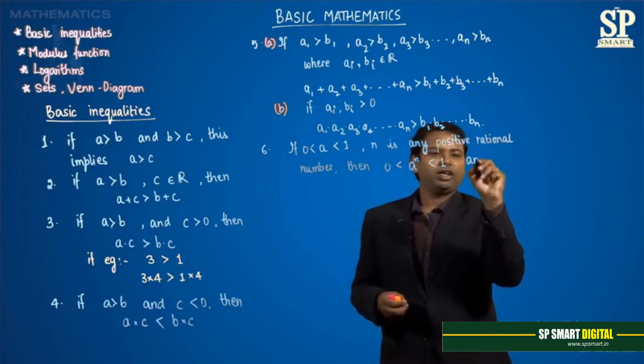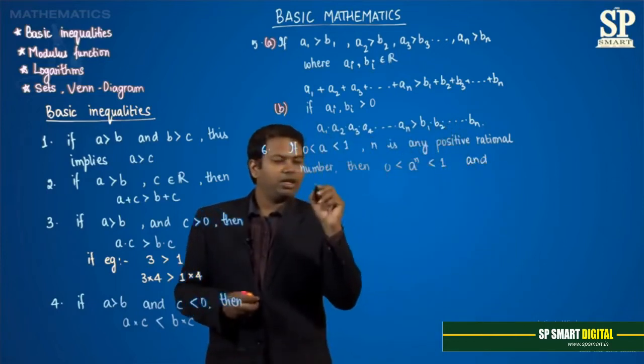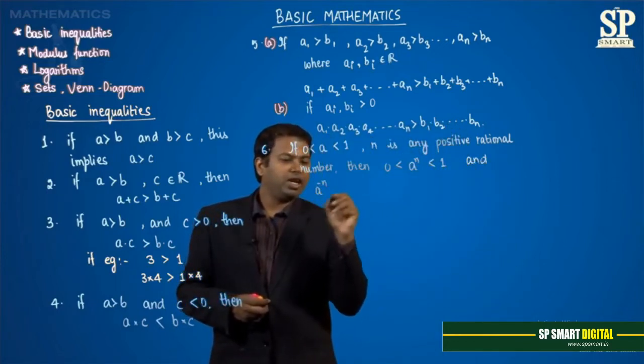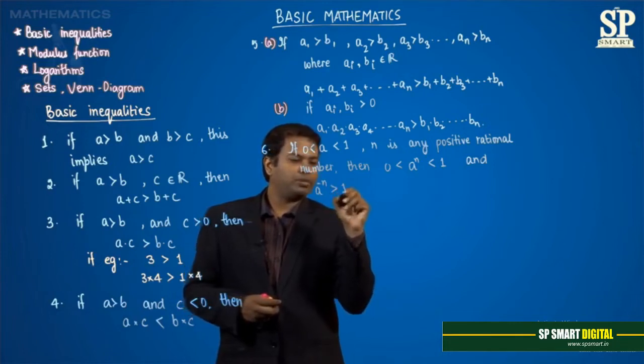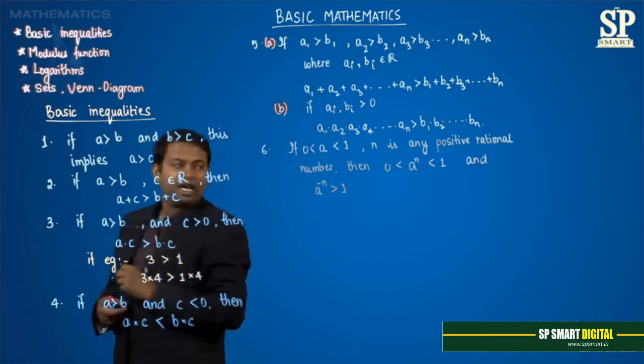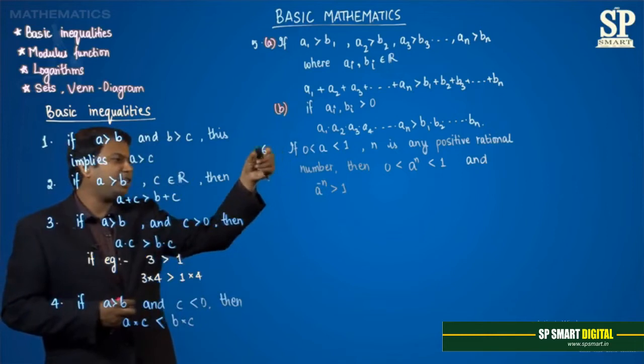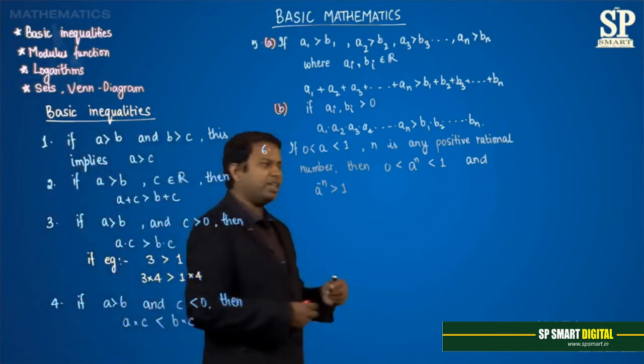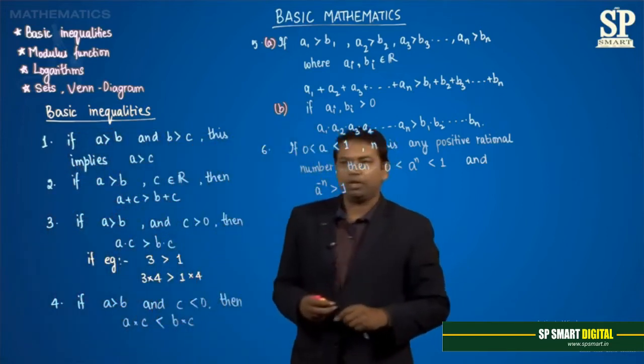And if we write A to the power minus N, it becomes greater than 1. So this is the inequality if A lies in between 0 and 1 and N is any positive rational number.